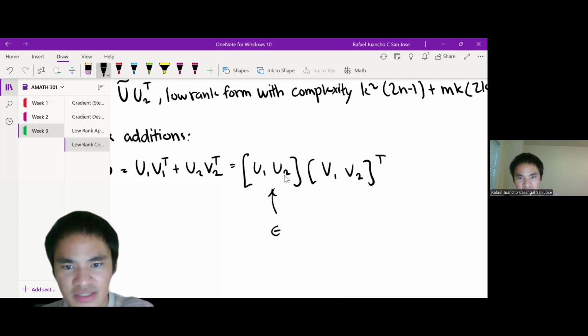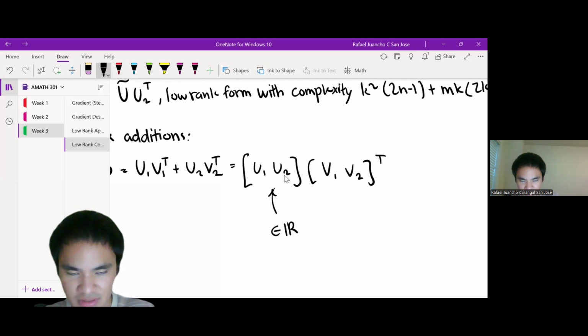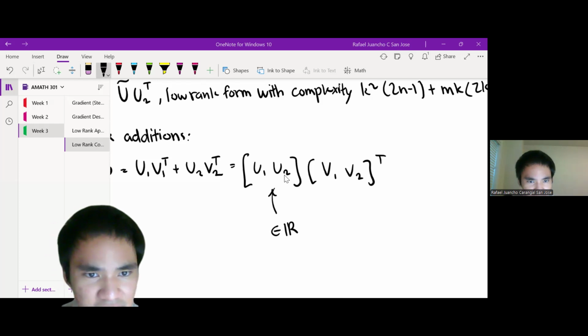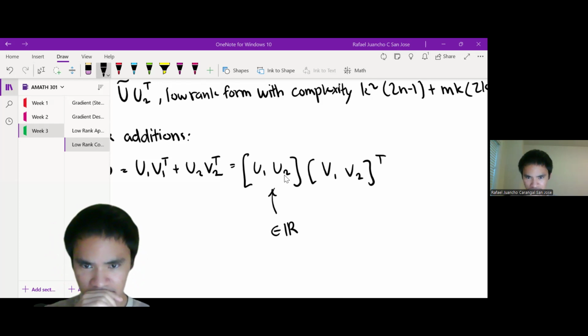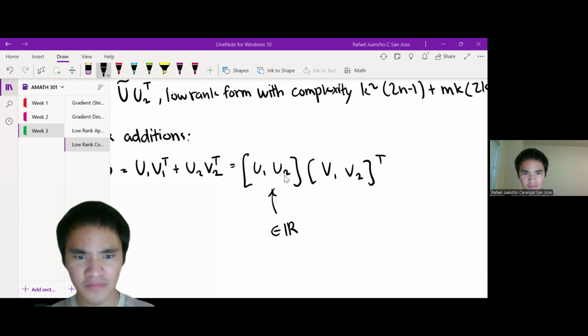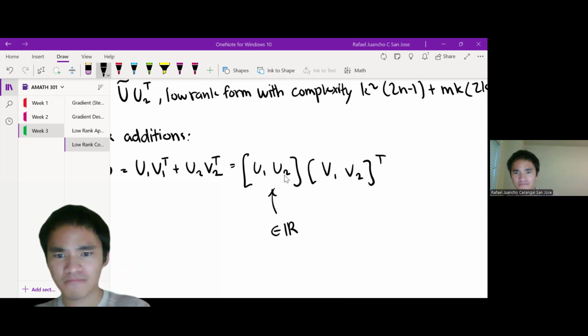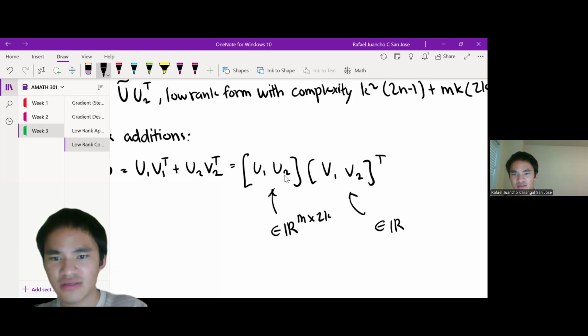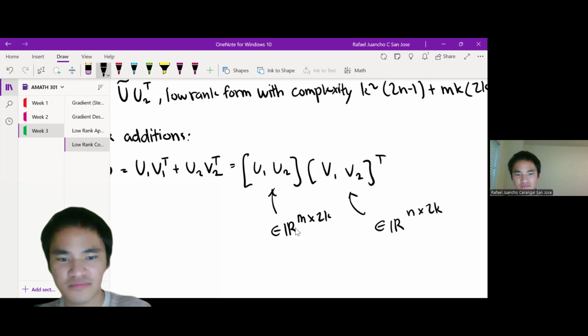Okay, let's characterize these things. Well, this one, U sub one, U sub two is M by 2K, right? This is M by 2K, as well as this. This is, again, N by 2K.